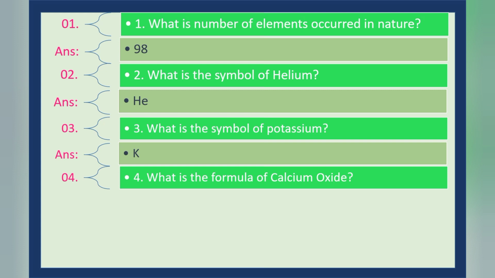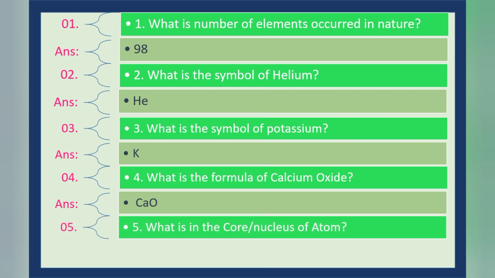The formula of calcium oxide will be CaO. Why? Because Ca is calcium and it stays together with oxygen, and that's why it is called a formula. So calcium oxide is CaO.